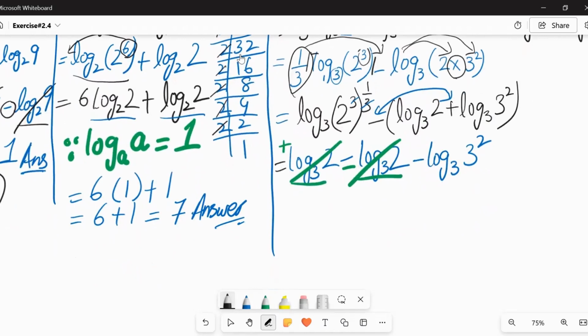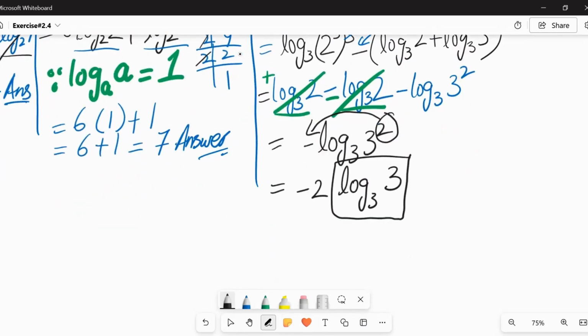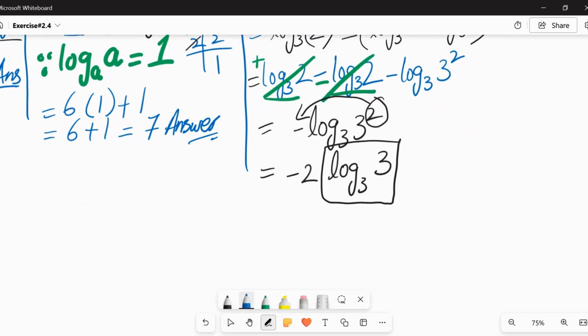Now we are left with just minus log base 3 of 3 squared. Now we'll apply the property of log. We'll shift this power before the log and write it like this: minus 2 log base 3 of 3. Now see, this looks exactly the same as what we were doing in previous questions.